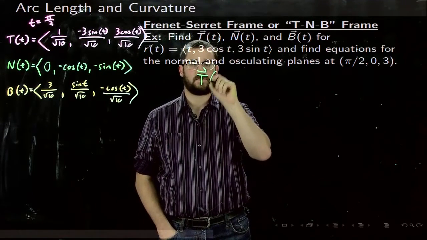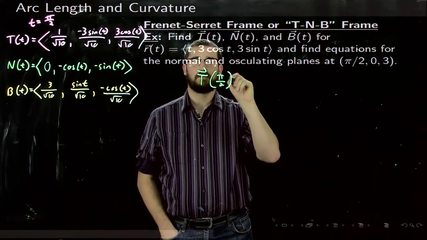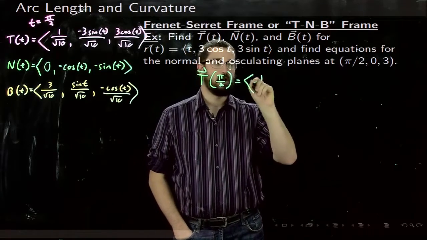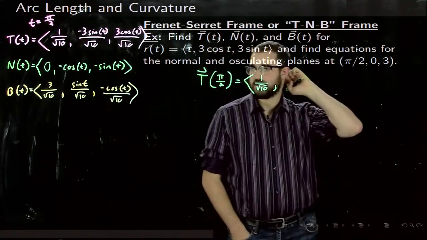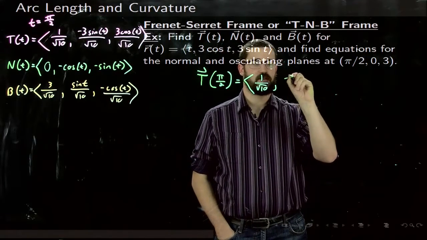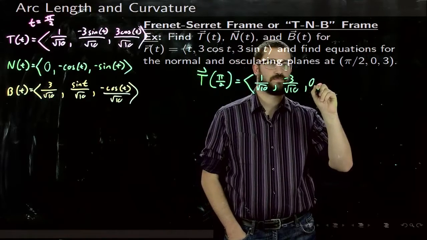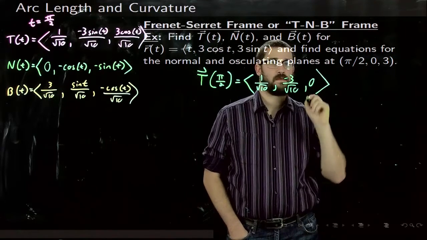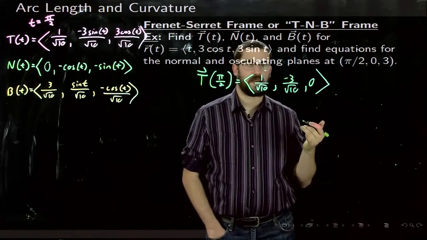So the tangent vector at pi over 2 is going to be equal to 1 over square root of 10. Then sine of pi over 2 is 1, so negative 3 over root 10, and then 0, right? So we use this to find our normal plane.